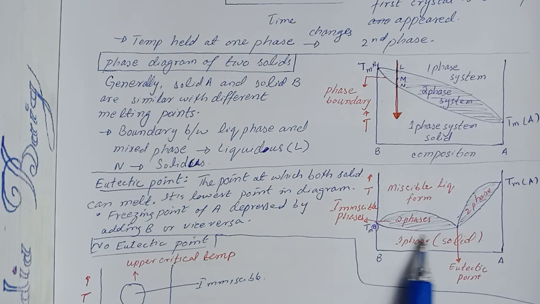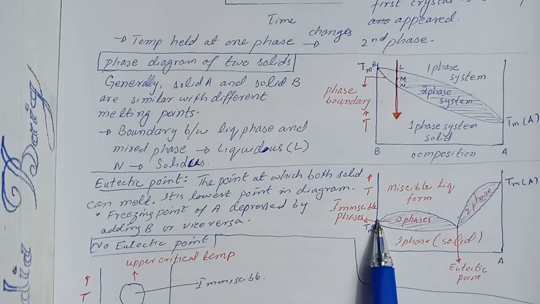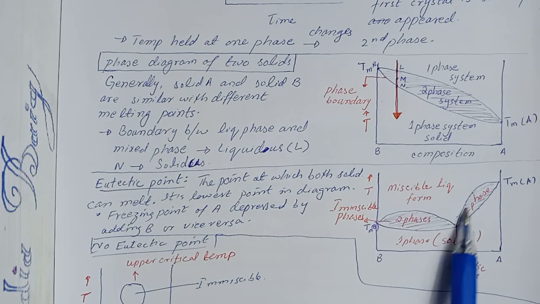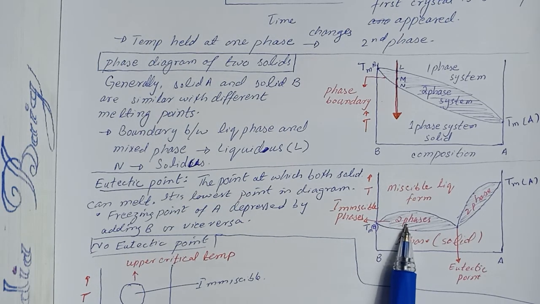So the lower phase boundaries are known as solidus phase boundary, and the upper phase boundaries are known as liquidus. So here two phases, the solid and liquid, are immiscible.